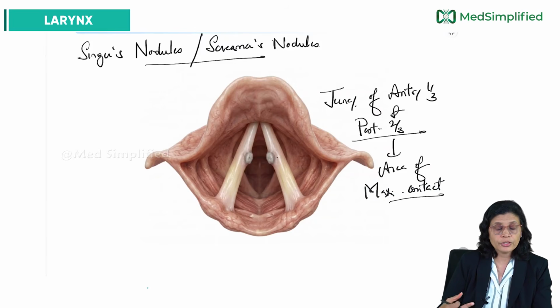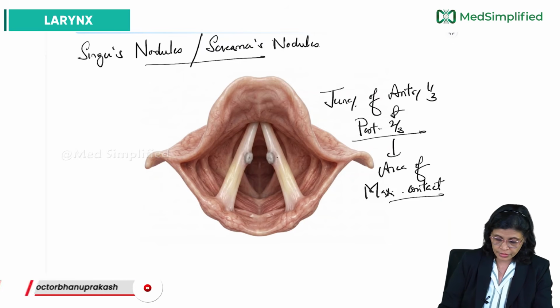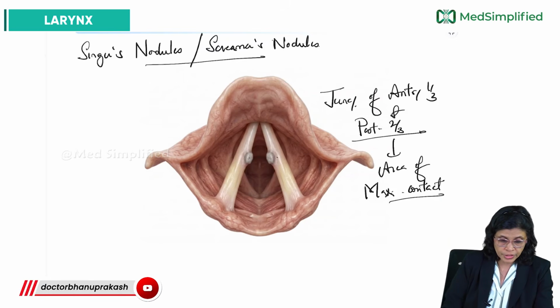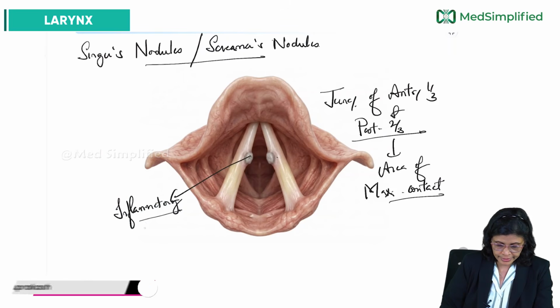In individuals who overuse their voice, there is friction between these two areas on either side at this junction, because of which inflammatory nodules develop at the site, which we call vocal nodules.